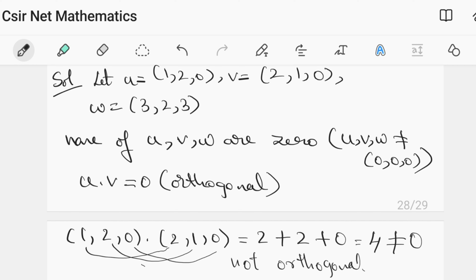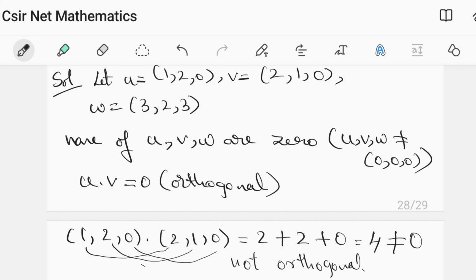Logically, if you see the points considered, they are all positive. So whenever you take the dot product, obviously you will not get 0. In case you have negative values, then there is a chance of getting 0. Here none of them is negative, so the sum will be positive and the dot product will not be 0.